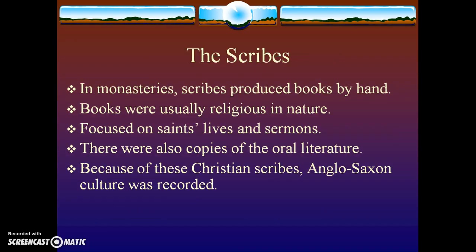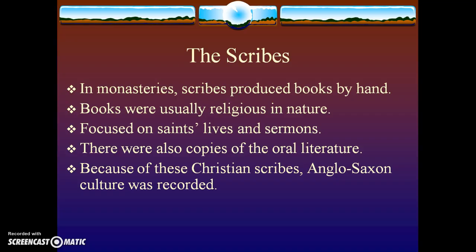Now, how this Christian religion was recorded and also passed on was through the scribes. The scribes lived in monasteries, and they produced books written by hand. These books were usually religious in nature and focused on saints' lives and their sermons. Now, while they were writing, much of the knowledge and information was still being passed on through oral literature, storytelling, and also songs.